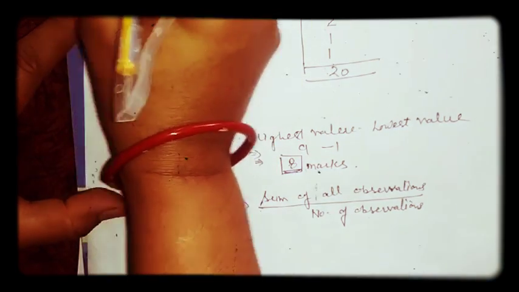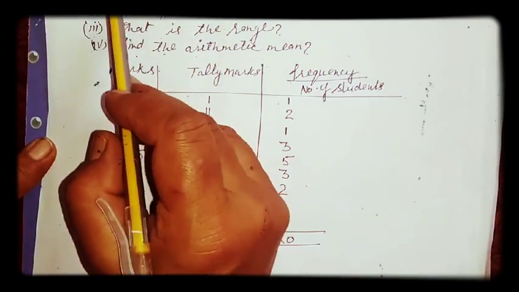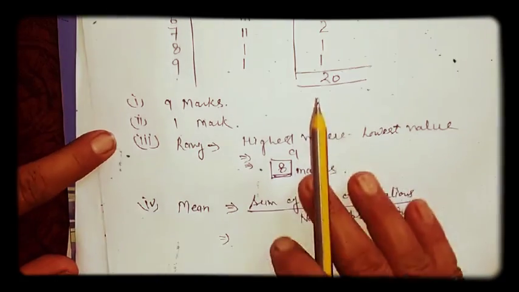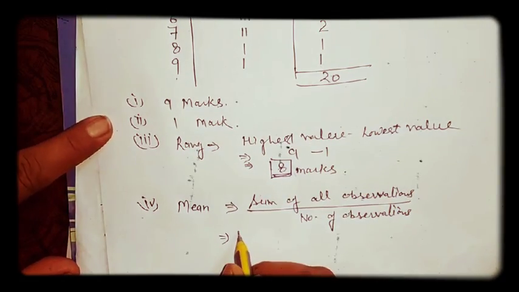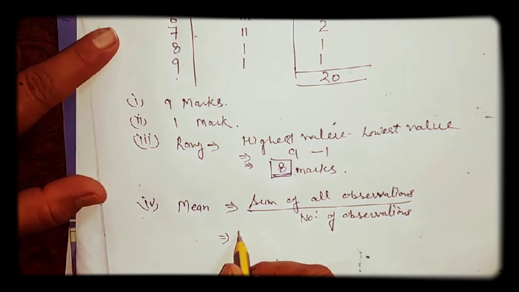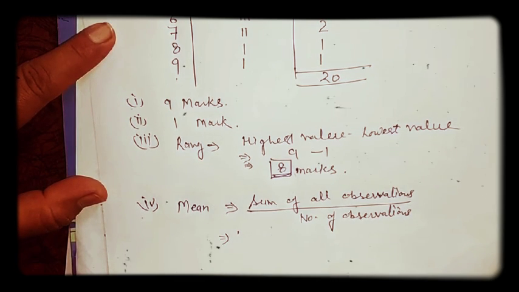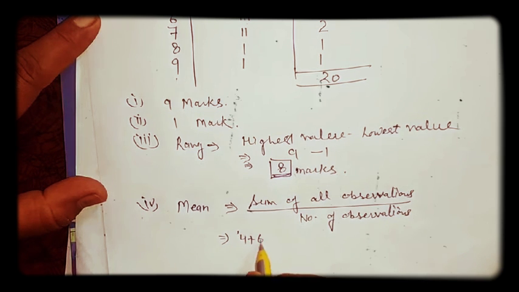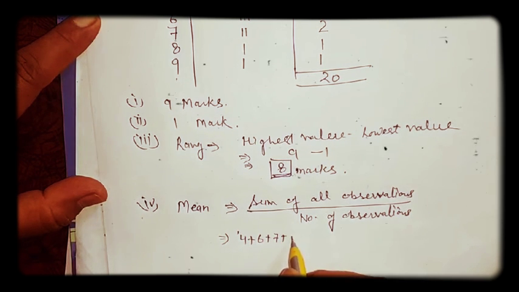Sum of all observations, इन सब का sum करना है. You can write in ascending order or in descending order or as it is. Okay, now it is 4 plus 6 plus 7 plus 5.